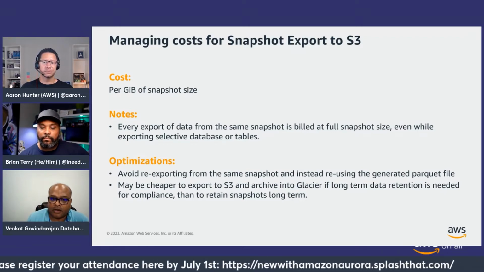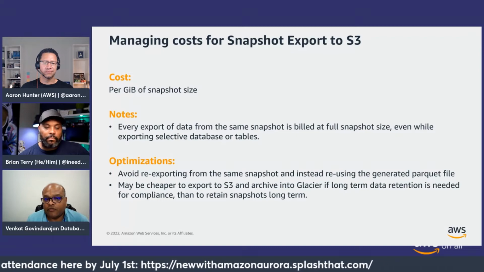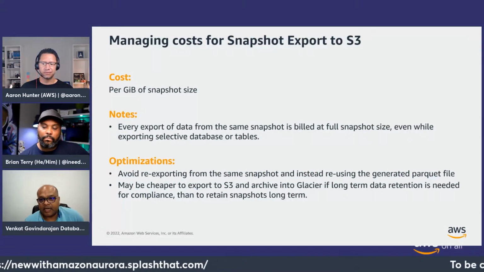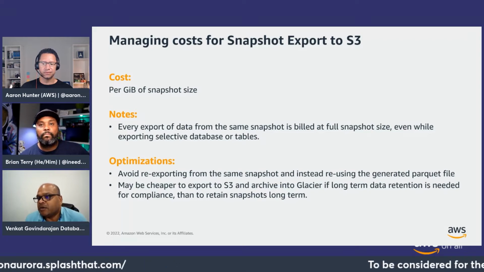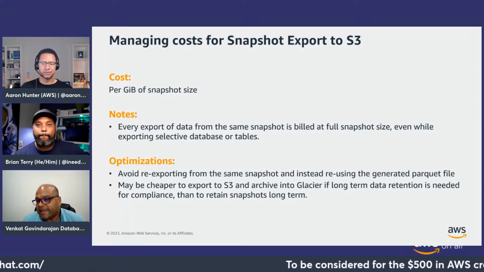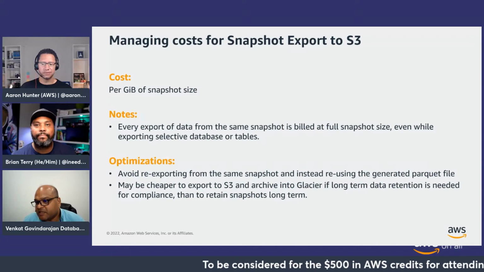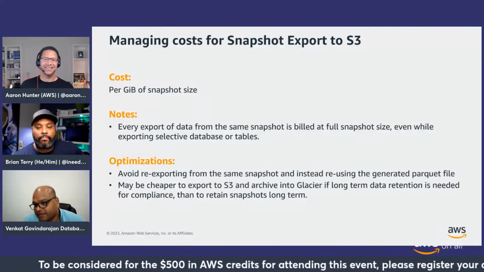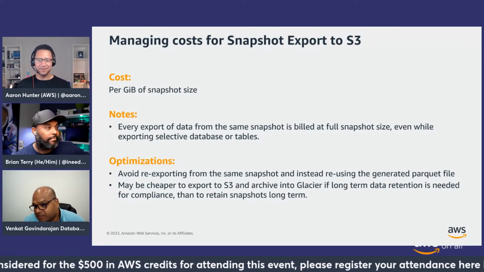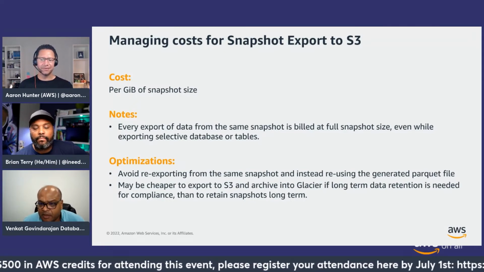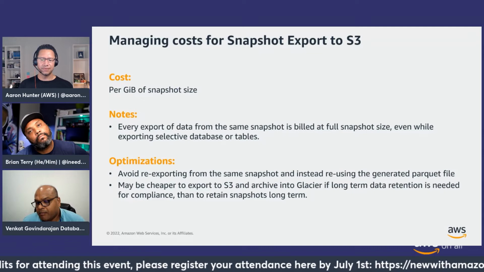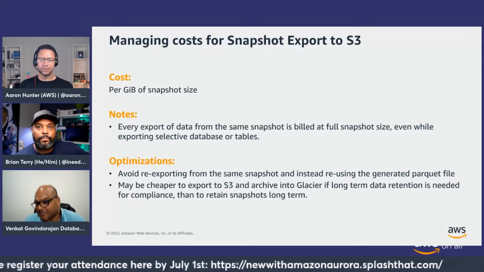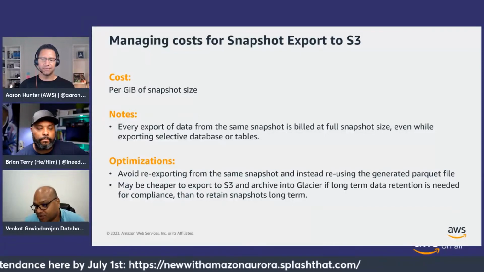But if you just want to replicate one table, this S3 export lets you choose specific parts of your data to transfer. For example, I can do a particular database or a particular schema or a particular table, but the cost associated with it is not per what is written, but for the entire snapshot.